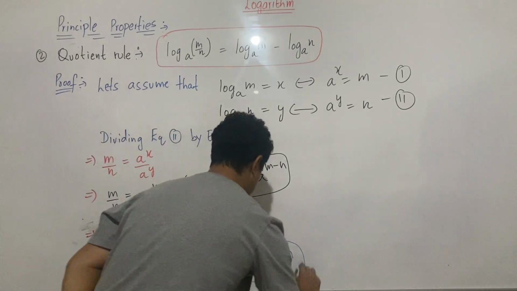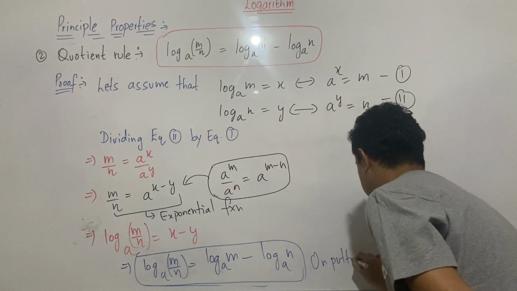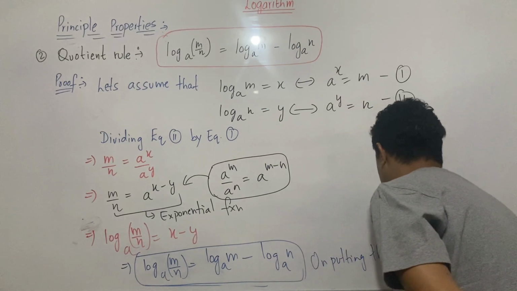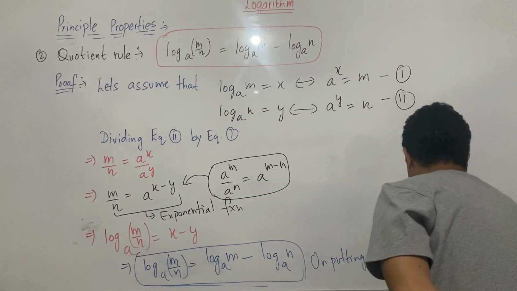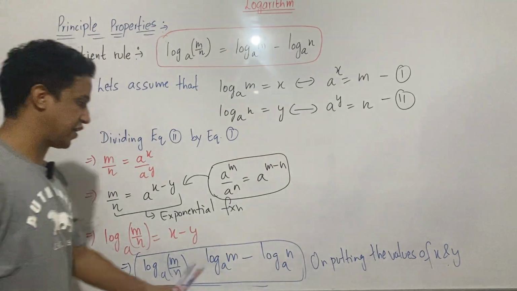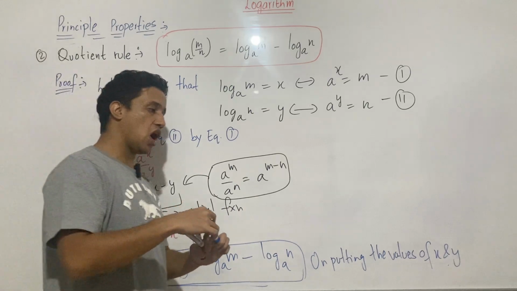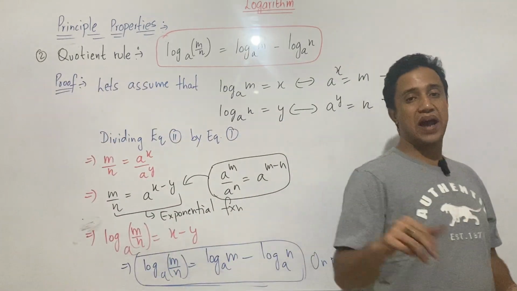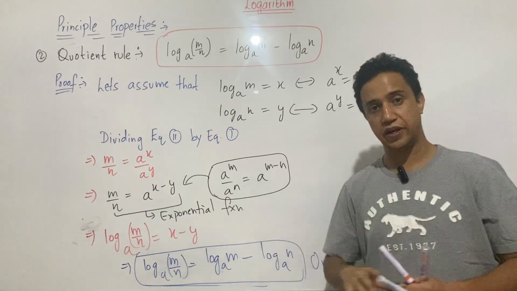Right? And how did we get it? On putting the values of x and y, we get log m by n to the base a equals log m to the base a minus log n to the base a.